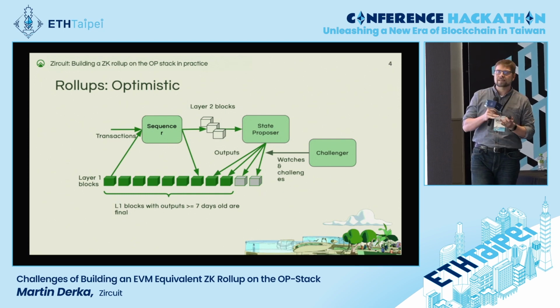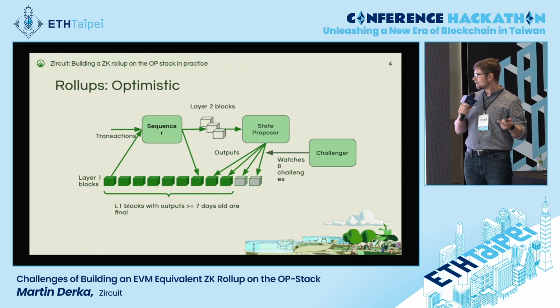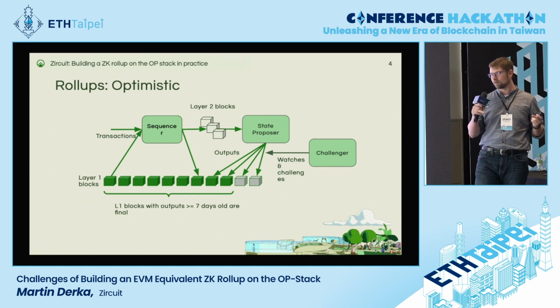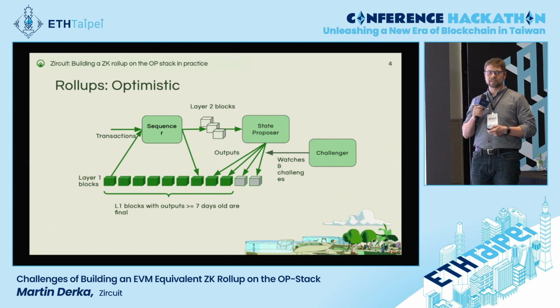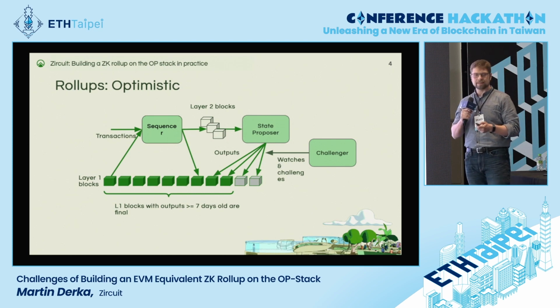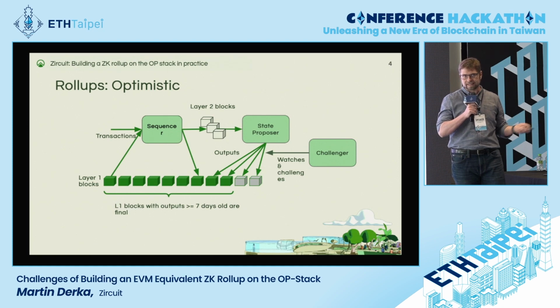And the challenger has some window of opportunity to do so. That's the 7 days. So anything that is younger than 7 days cannot be considered fully final. Everything that is older than 7 days means that it's final, because the challenger no longer has the opportunity to come and say, hey, this is wrong, we are going to roll it back, right? So you reach the finality after 7 days.